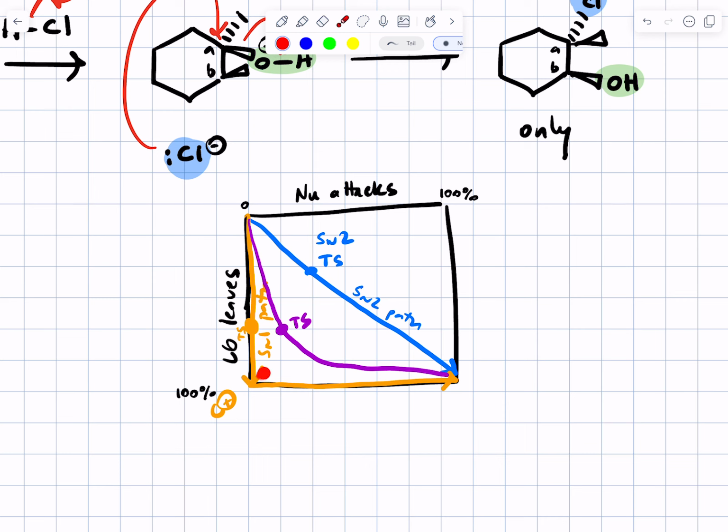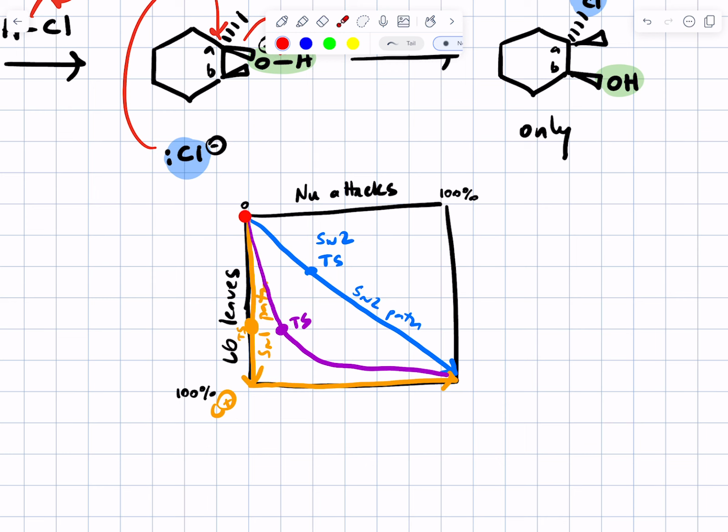But you can see, as I mentioned last time, there's a lot of space in between the nucleophile attacking and the leaving group leaving that we can explore. And I proposed a purple pathway, intermediate between the two, where the leaving group leaves to a large extent before the nucleophile keeps coming in.